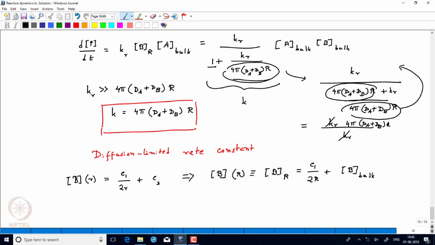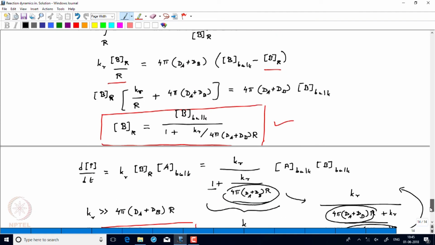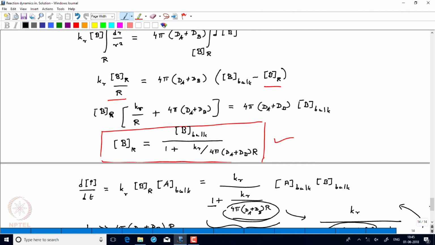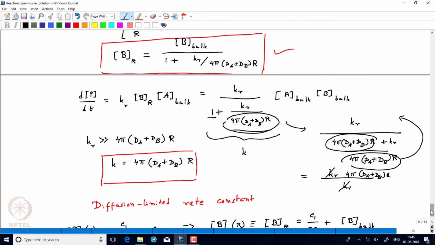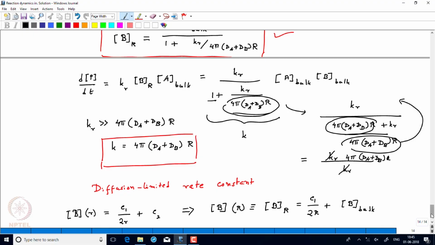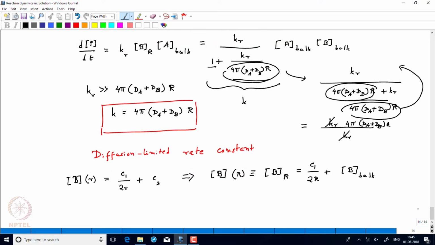And then B_R we already solved, which is this equation. Now you can see that the way we have to do it is basically I have to add one B bulk to it, and then I can easily solve for C1.